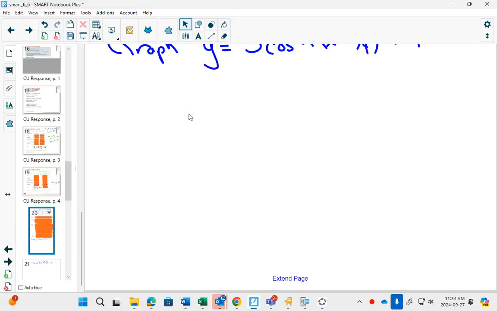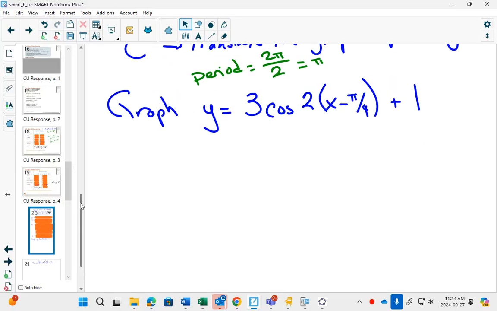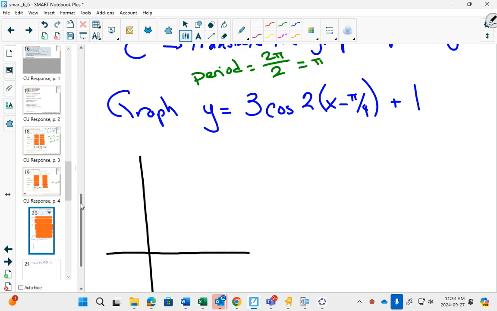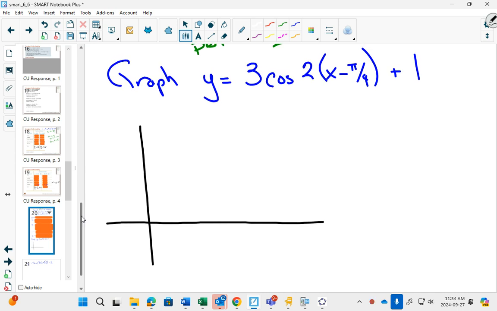So when I go to graph this, I take some of those things into my mind right away. I know that my center line is 1, so when I draw my axes, notice how I kind of have it scaled a little bit above, like I have room. I'm going to have room to go up and room to go down.